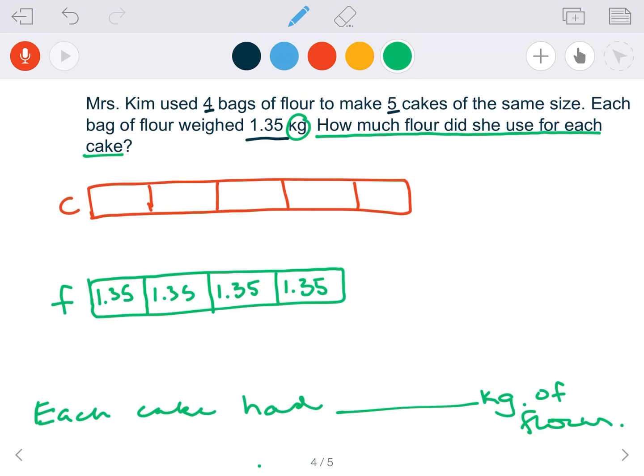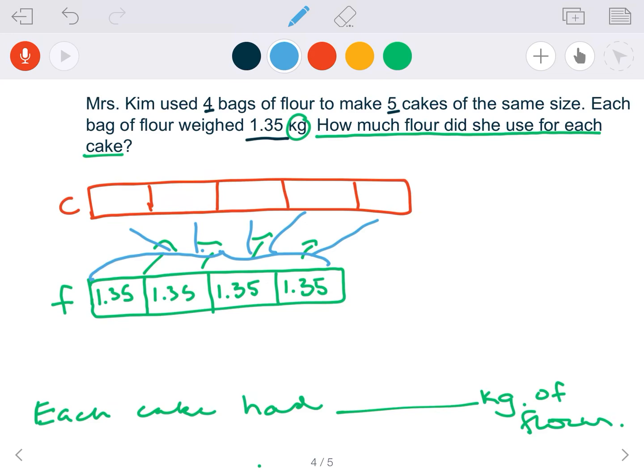Somehow we have to get all of these guys into all of those cakes. That means that all of this has to be divided up into all of this.